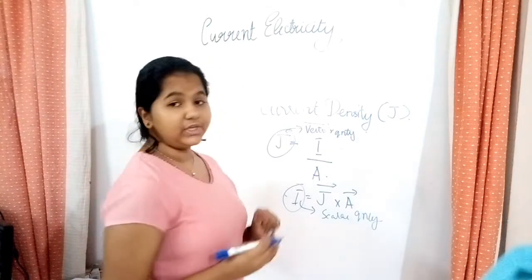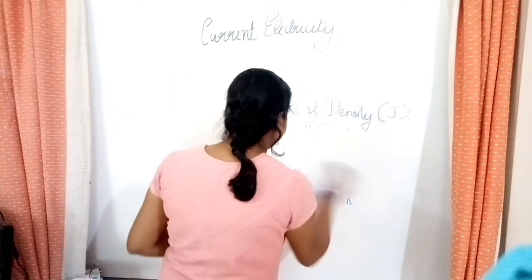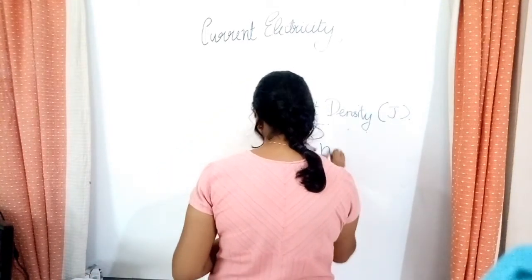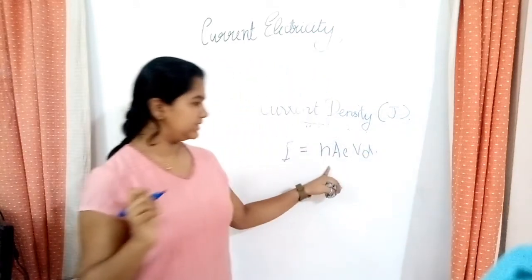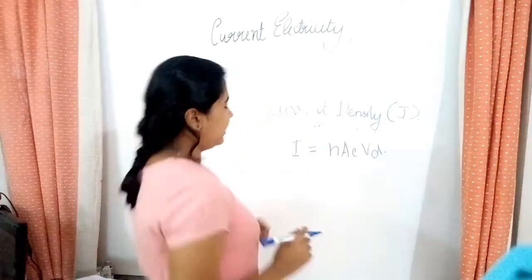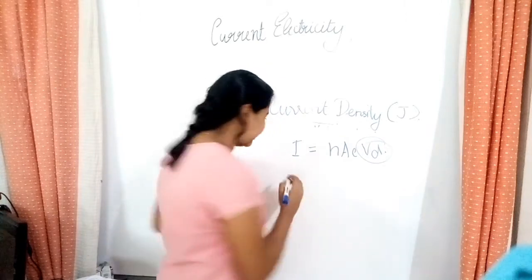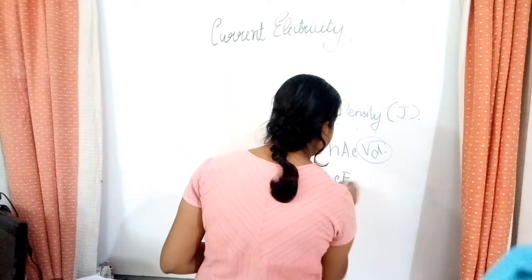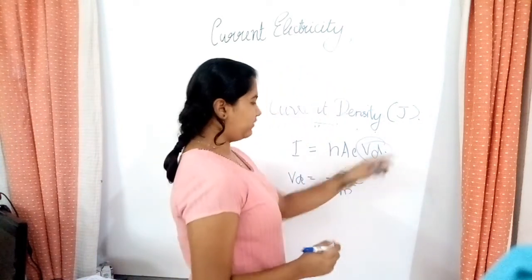And we know an equation for I. Let's write that. I is equal to n A e v_d. Did we learn this equation? We also learned an equation for v_d. What is that equation? v_d is equal to minus eEτ divided by m. Let's substitute this over here.